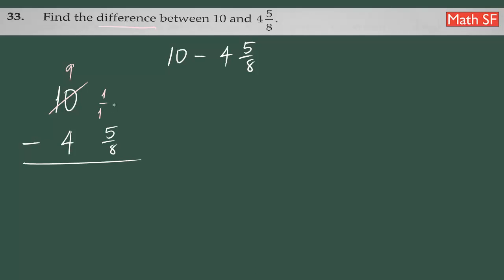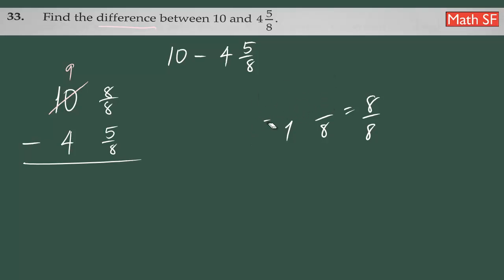Now, they must have the same denominator, and the LCD between 1 and 8 is 8, so this should become 8 over 8, correct? Now, how did that happen? Well, 1 over 1 multiplied times 8 top and bottom, that's 8 over 8. So 1 whole is equivalent to 1 over 1 multiplied times 8, which gives you 8 over 8.